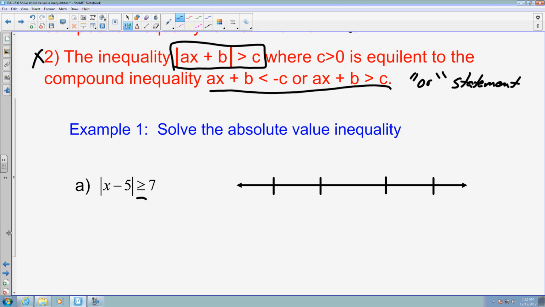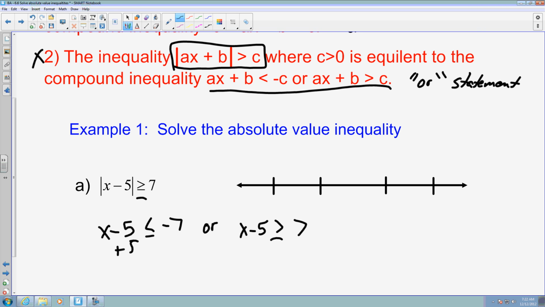So instead of having ax plus b is less than negative c, I can rewrite it as x minus 5 is less than or equal to, because that's how it is in our inequality here, negative 7, or x minus 5 is greater than or equal to 7. Now that I have that, I can solve for x just like we did for solving inequalities.